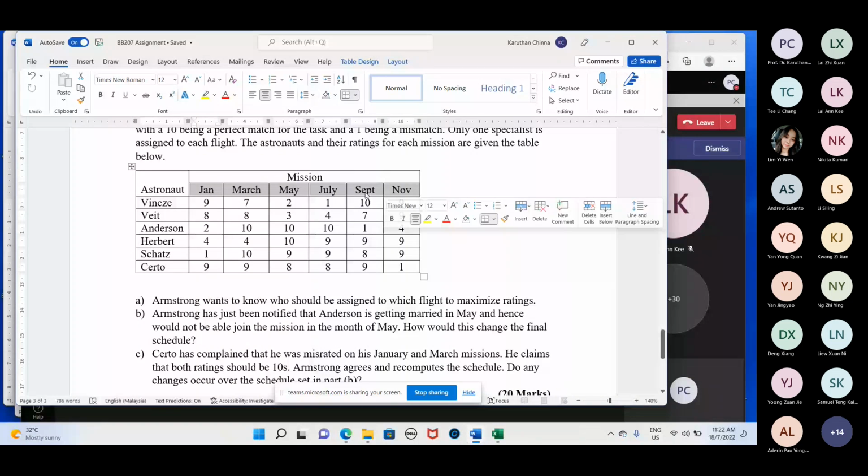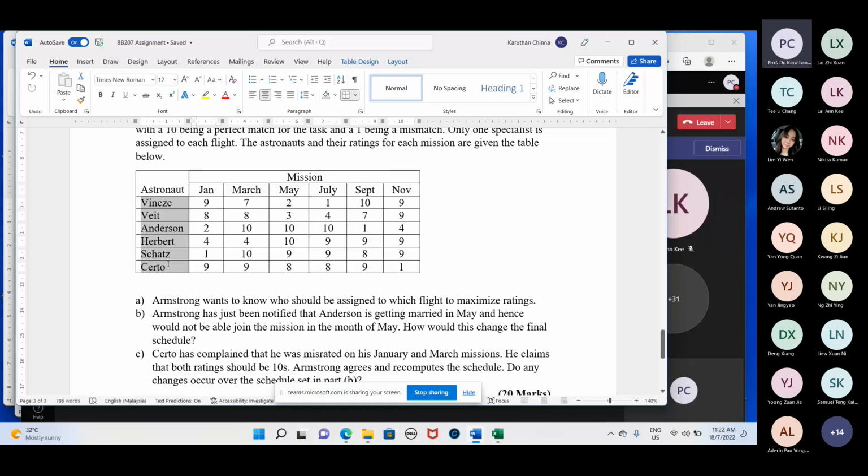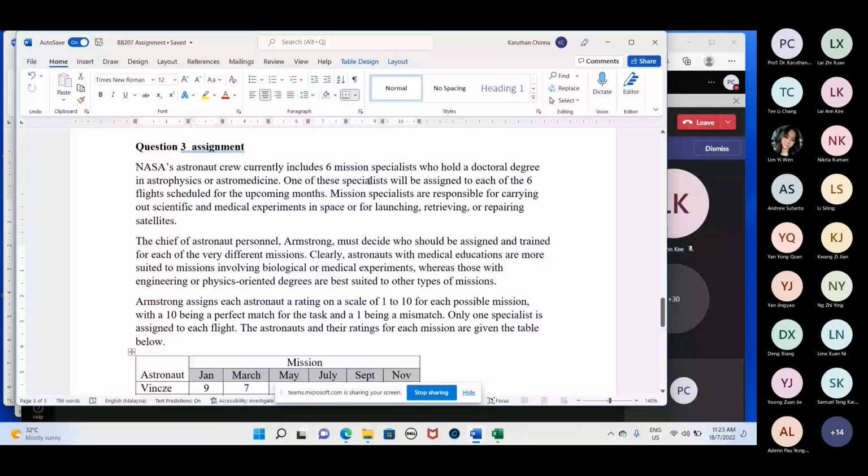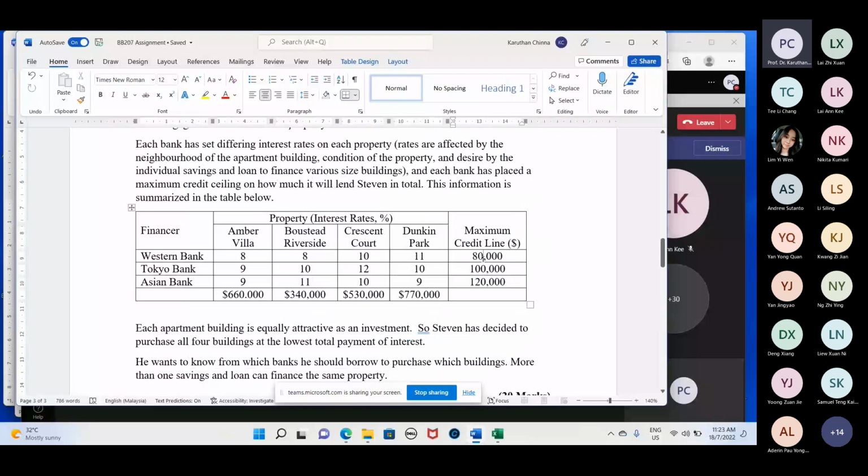There are 6 to be assigned to 6 months, so we can easily send 1 to 1 month, right? So it's a balanced problem. Number 2, is it a balanced problem? I asked you to add a 0 here, right? Okay, add a 0 here.